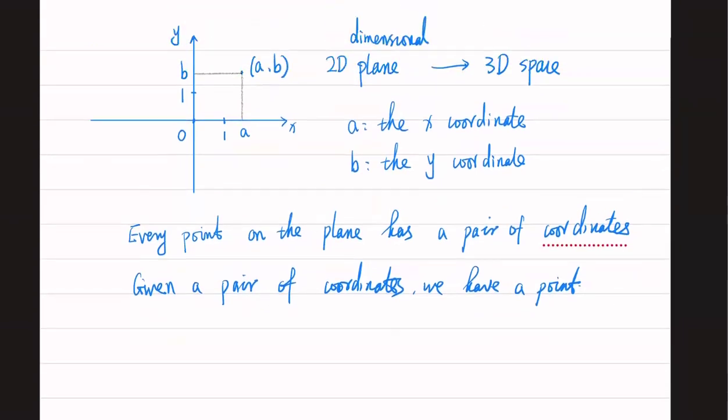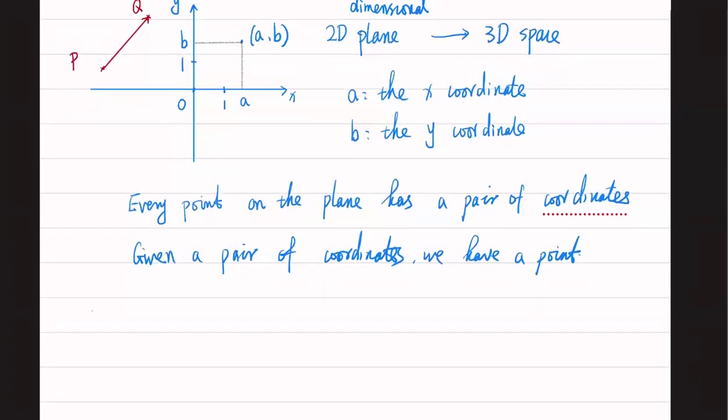Given 2 points, let's pick 2 points. I'm going to mark 1 point here. Given these 2 points, we can find their coordinates. We can also find their displacement.